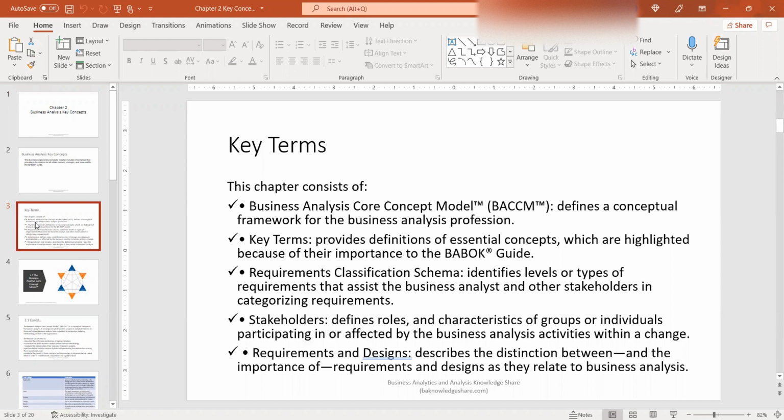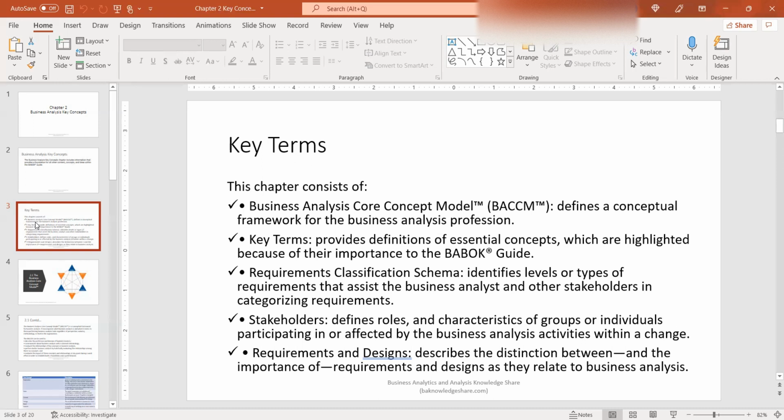The business analysis core concept model, or BACM, is used and referenced in each knowledge area chapter, and it ties each knowledge area to that model. As we dive a little bit further, you'll get a better understanding of the relationship between BACM and the knowledge areas. Key terms provides definitions of essential concepts which are highlighted because of their importance to the Payback Guide.